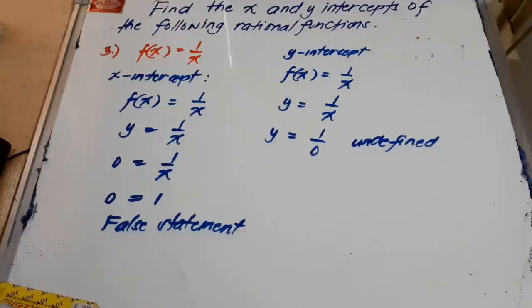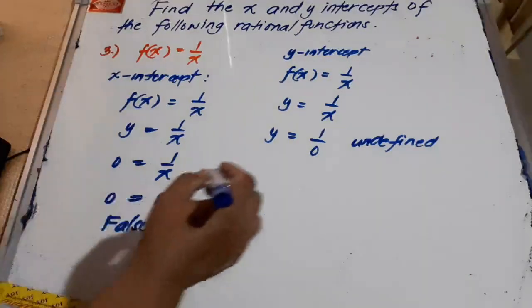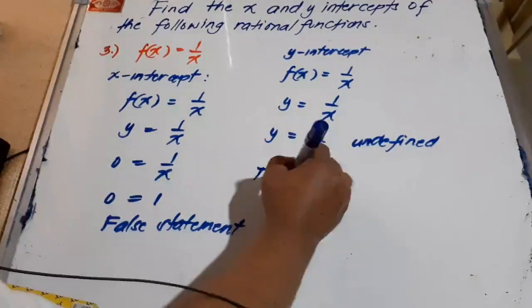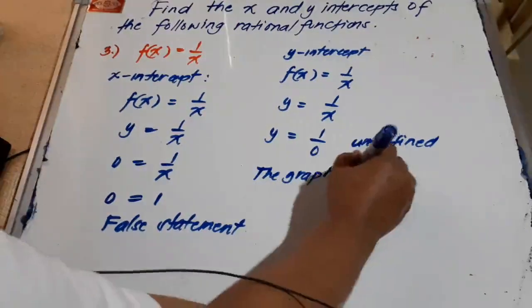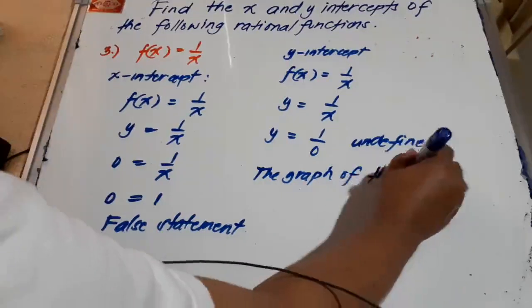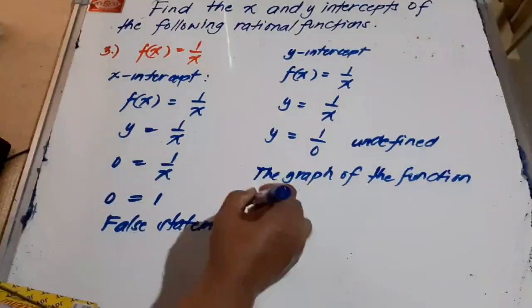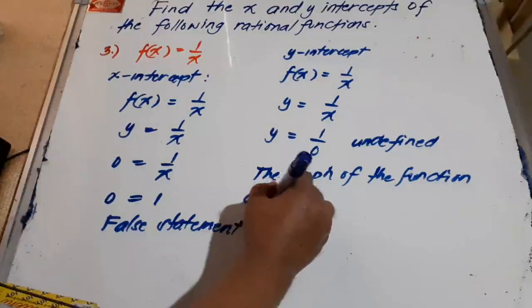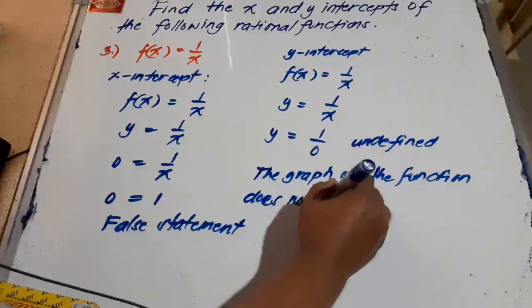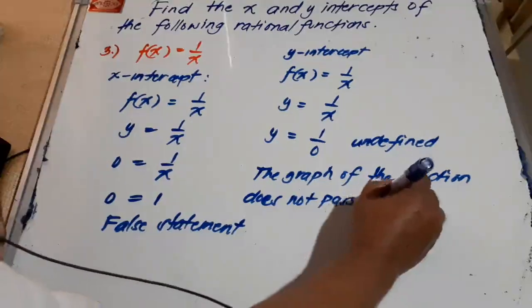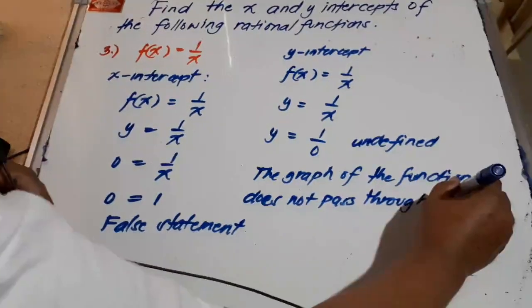And pag wala silang x and y intercepts, the graph of the function is what? Does not pass through, saan?